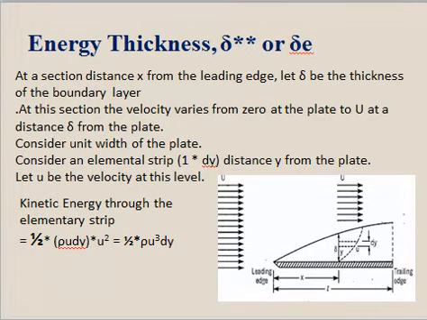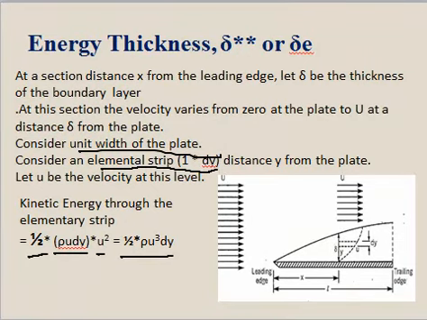So in this case the area of the elementary strip will be 1 into dy, and the kinetic energy will be 1 by 2 into the mass flow rate, which is rho into u into dy, into the square of velocity, u square. So it is 1 by 2 rho u cube dy.